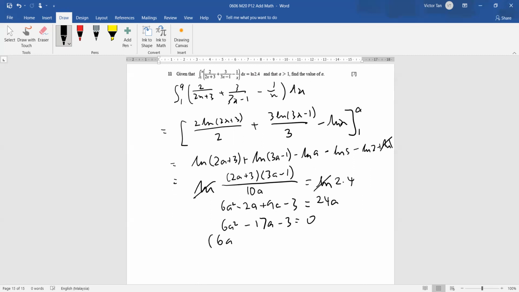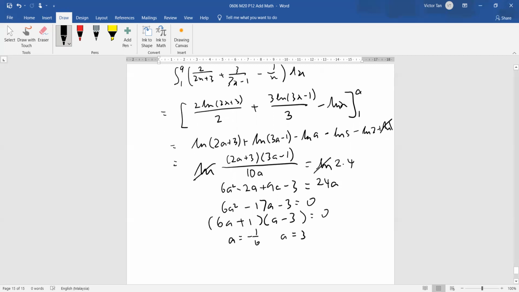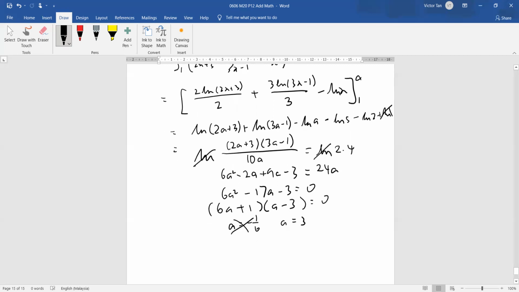Factorizing, a equals minus 1 over 6, or a equals 3. So a is larger than 1, so the answer is a equals 3.